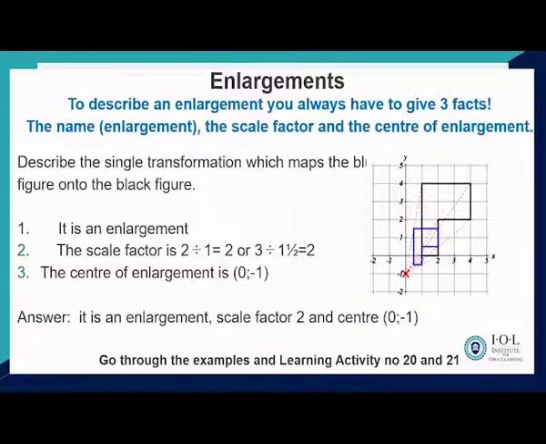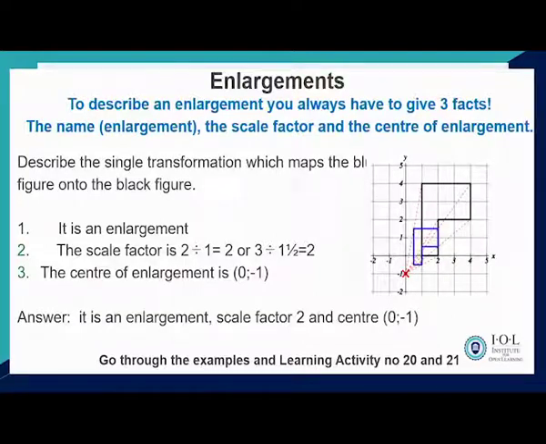How do I work out the scale factor? If I get the original and the image, in the textbooks they most of the time talk about the object and the image. You divide any length of the image by the object. That's giving you the scale factor.